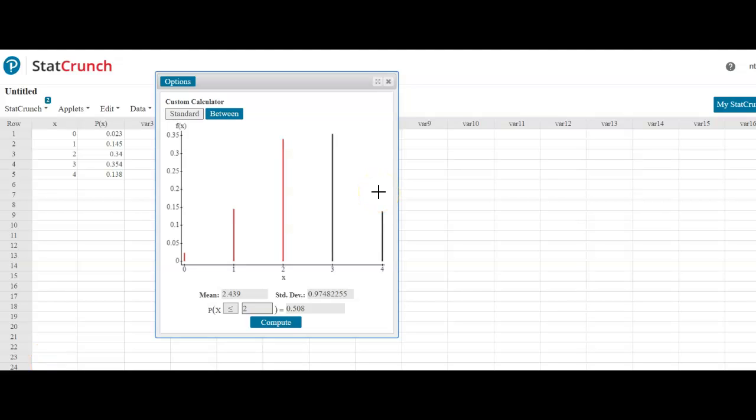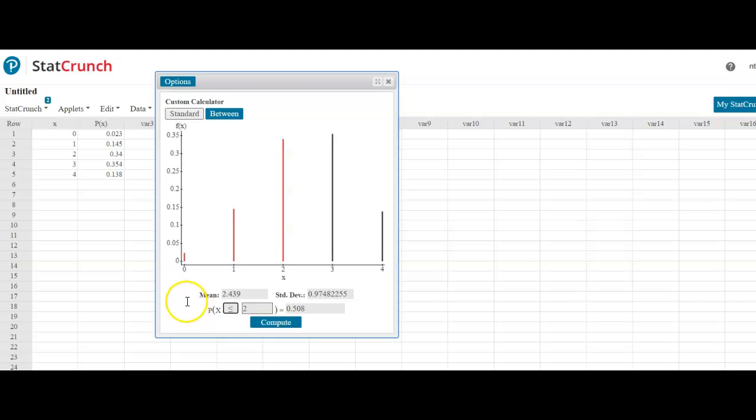Now, I can also use this to determine significance. So if I wanted to know, for example, if 1 was a significant number, then I could go down here to where it says P of X and do X is less than, and if I click here, you can change these to different inequalities and to equal.